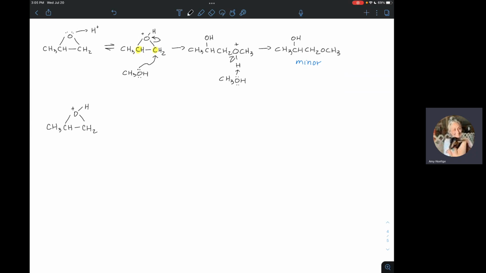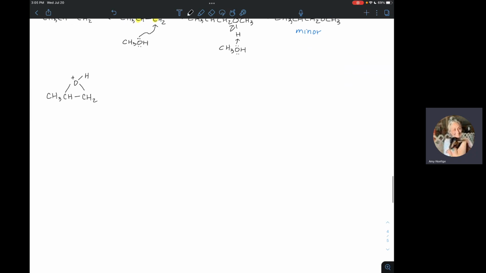Okay, so here comes your nucleophile, and it's going to attack the more highly substituted carbon under acidic conditions, right? So under acidic conditions, we have the oxygen protonated.